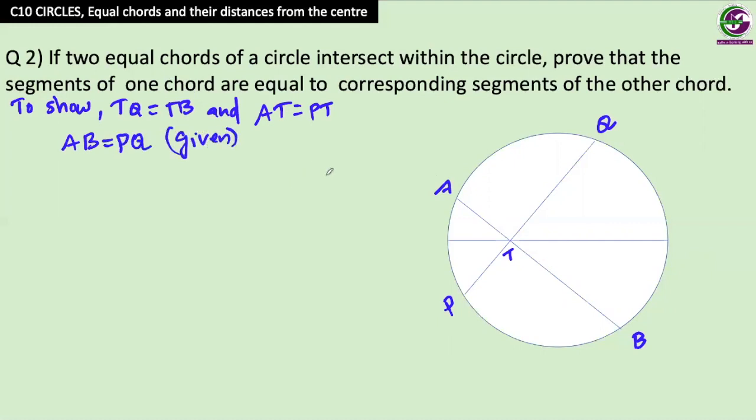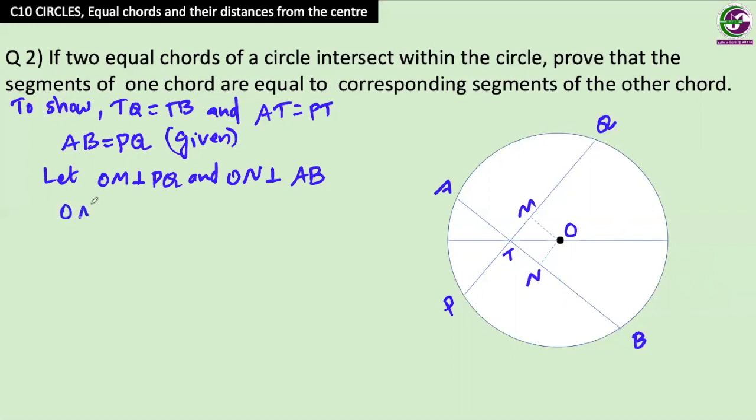To prove this, we have to take a construction. Draw the perpendiculars from the center, let them be M and N. OM is perpendicular to PQ and ON is perpendicular to AB. Since the chords are of equal measurement, the distance will be the same.